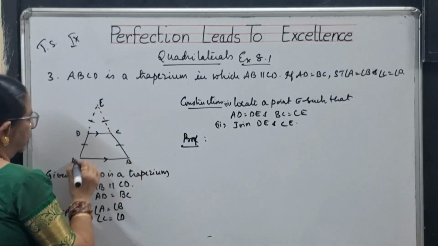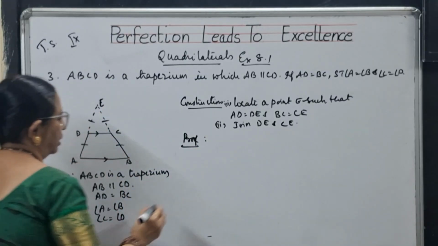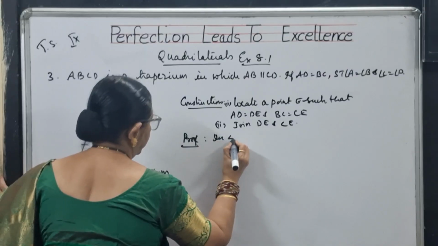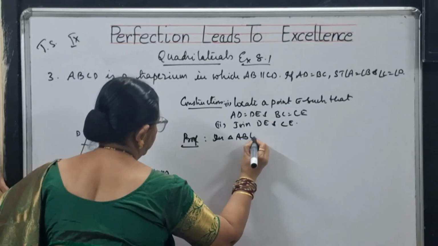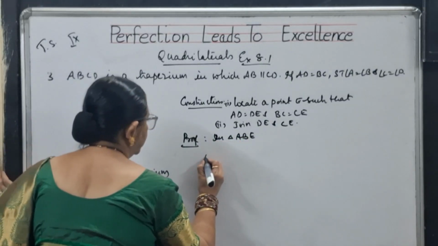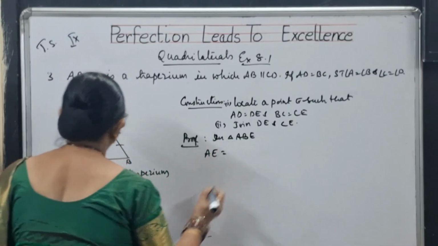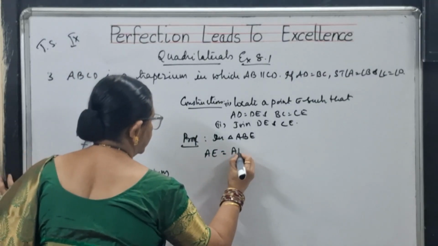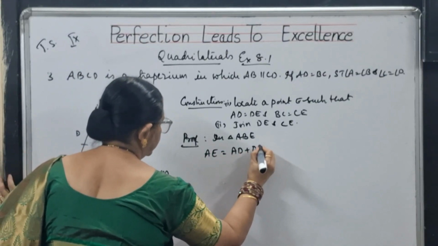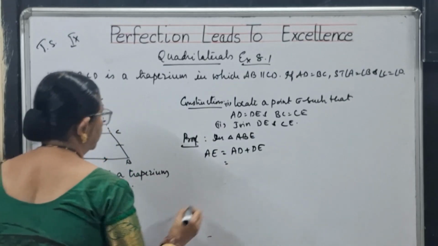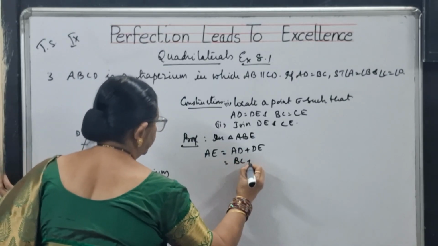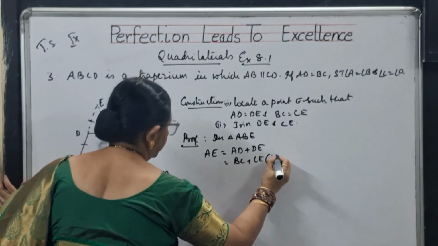Now you have got a triangle ABE. In triangle ABE, AE is equal to AD plus DE. That is equal to BC plus CE. Why?